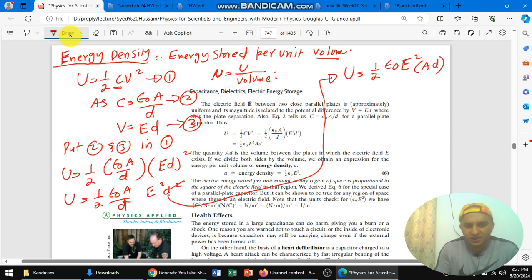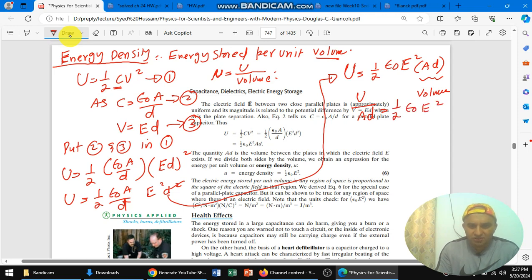So basically this term AD is the volume. If I shift this AD to the other side, we are left with U over AD, that is equal to half epsilon naught E square.